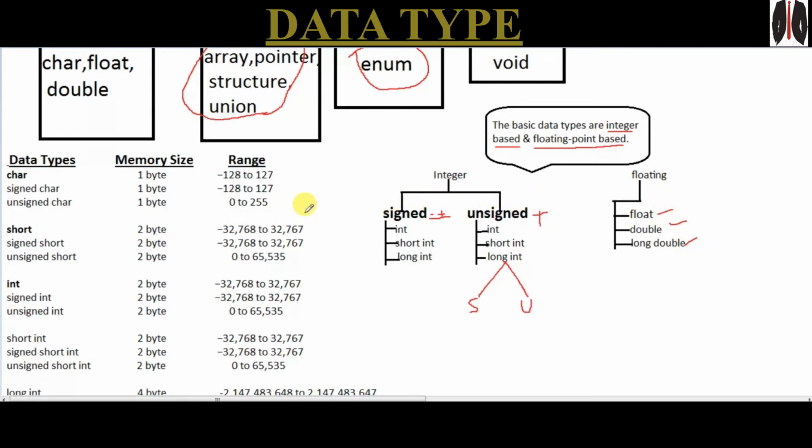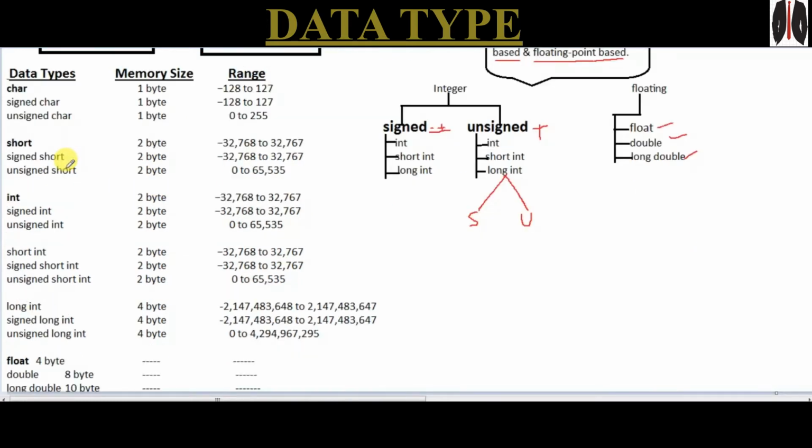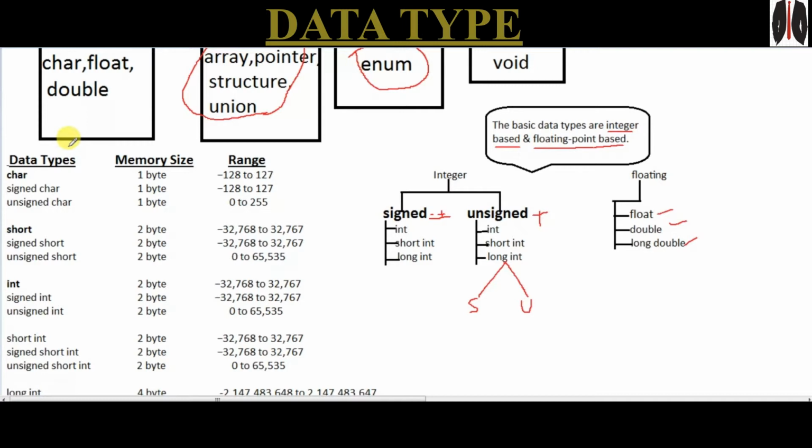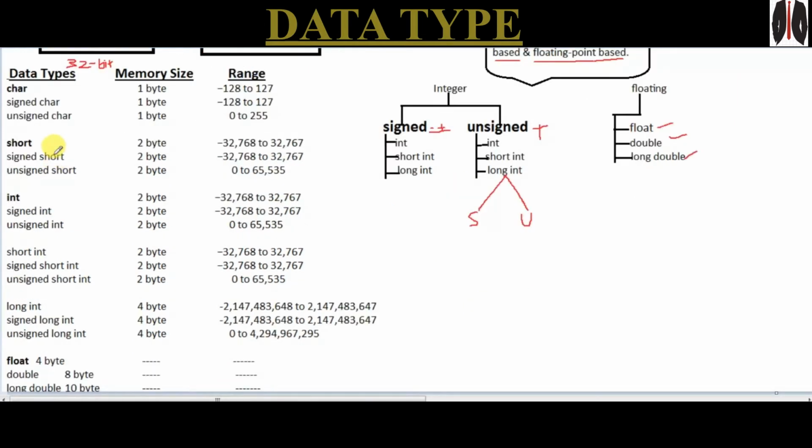C language supports both signed and unsigned literals. The memory size of basic data types may change according to a 32 or 64-bit operating system. Here we explain only the 32-bit operating system. The data type char has 2 types, signed char and unsigned char.